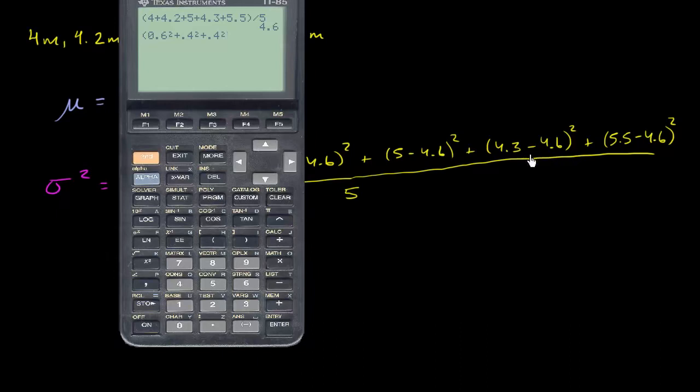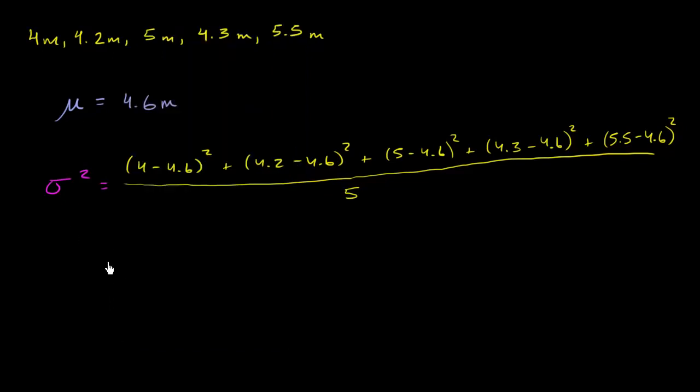The negative goes away when you square it, so plus 0.3 squared. And finally, 5.5 minus 4.6 is 0.9, so plus 0.9 squared. And then we will divide by the number of data points we have, and we get 0.316.